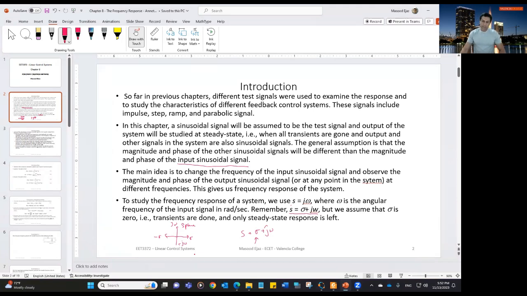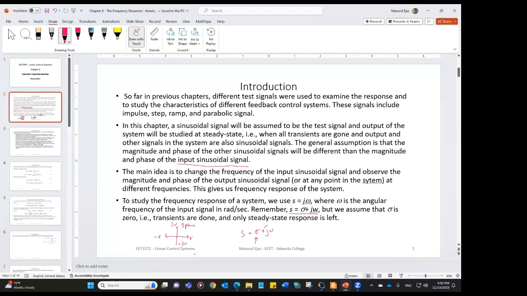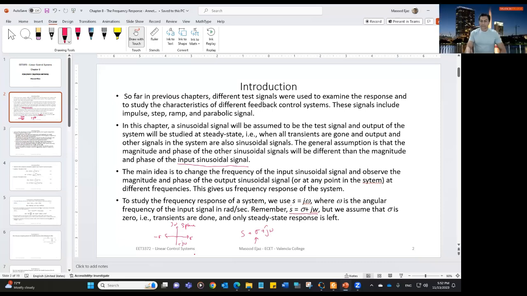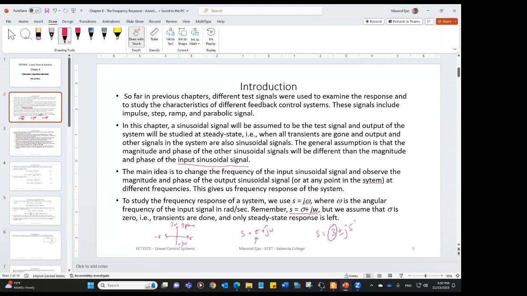Anyways, my question was, what is the effect of sigma on the output of the system? We've been discussing this throughout this course. Doesn't the sigma indicate the stability? No. If you have a root, let's say s = 3 ± j5, then what will be the effect of 3?